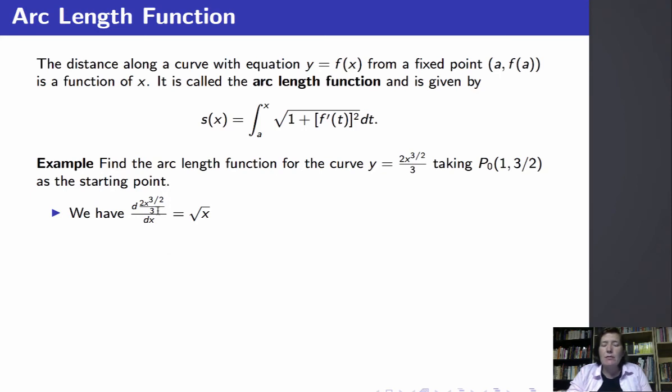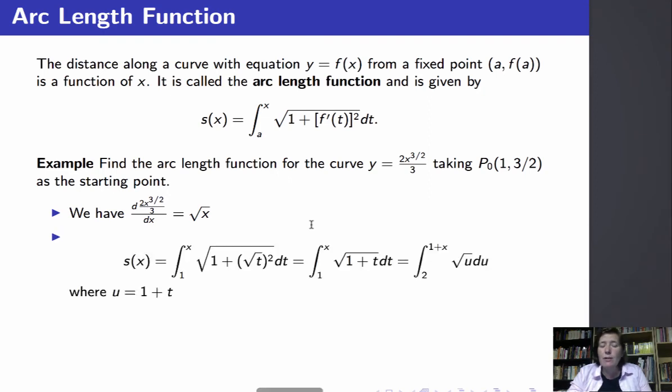And we have the derivative of our function is the square root of x. So f prime of x is the square root of x, so f prime of t is the square root of t. And the distance I've traveled at the point x, f of x, is the integral from 1 to x of the square root of 1 plus t dt.